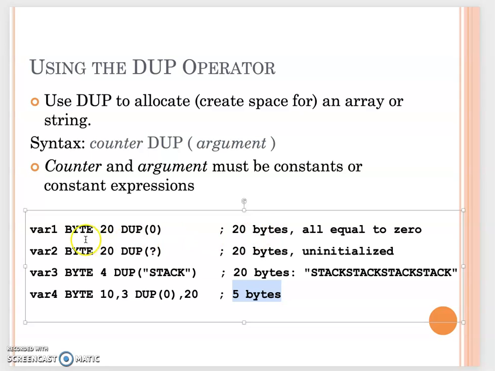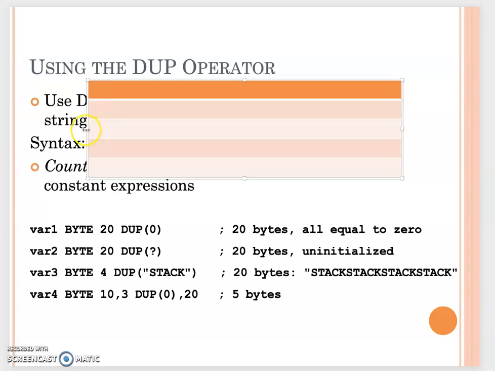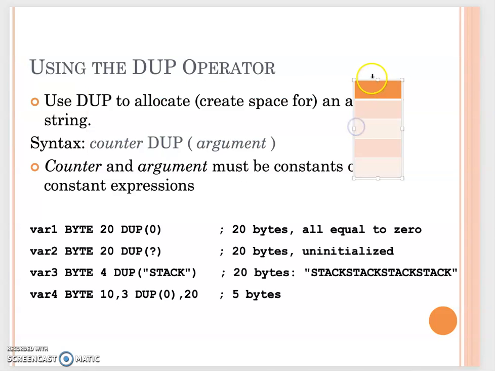We can see one by one. I'll show you in the memory address how they look. As we said earlier, in the memory address you see a total of 5 bytes.